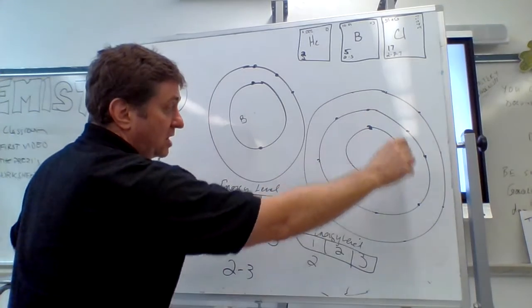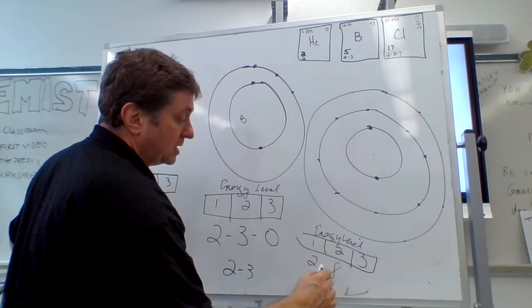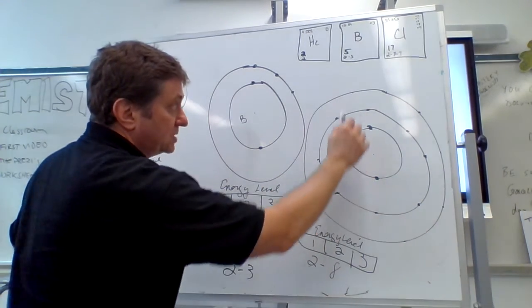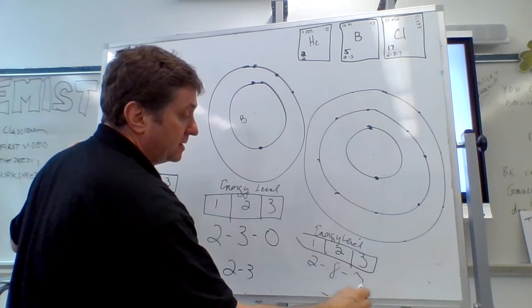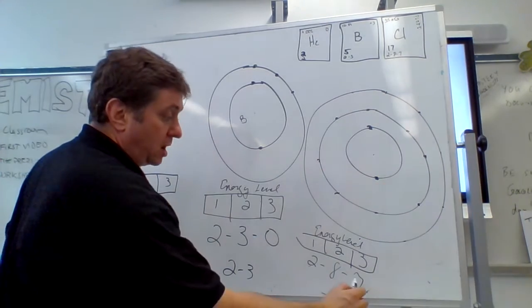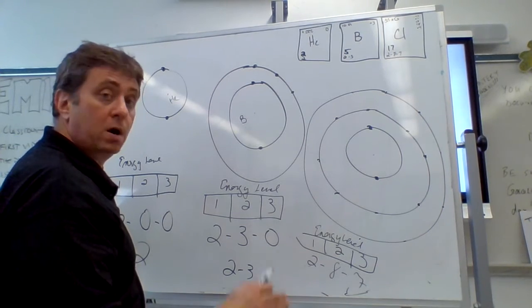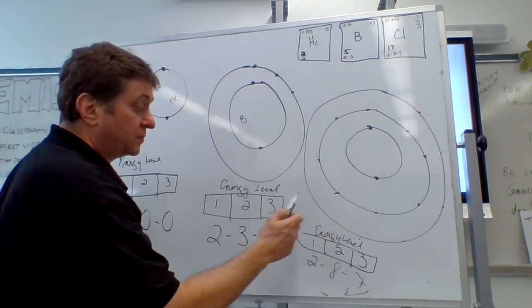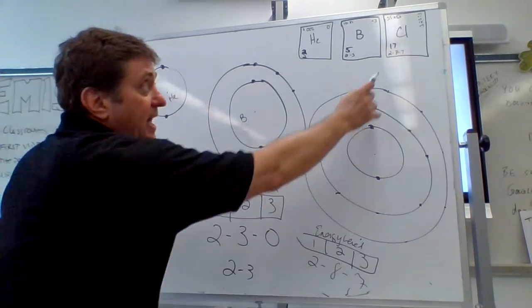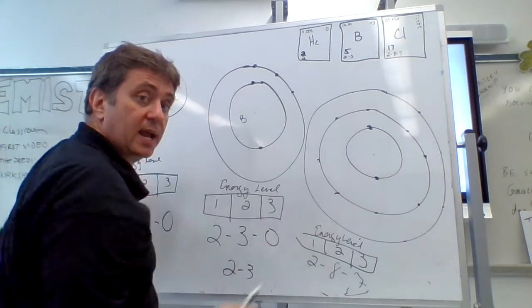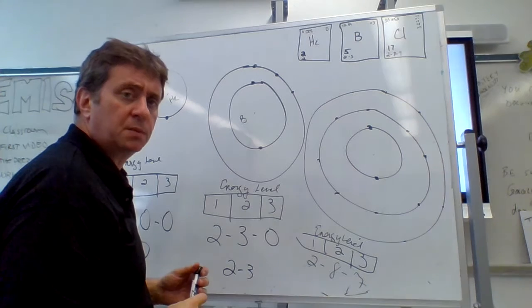Energy level 2 has all 8. And energy level 3 has 1, 2, 3, 4, 5, 6, 7. So that is another way to write the electron configuration for chlorine, for one of the elements. 2, 8, 7. And we see that right here, 2, 8, 7. So that's what those numbers are about.